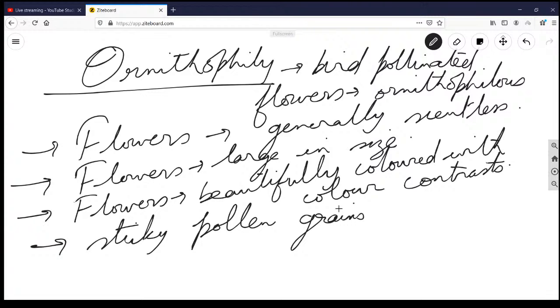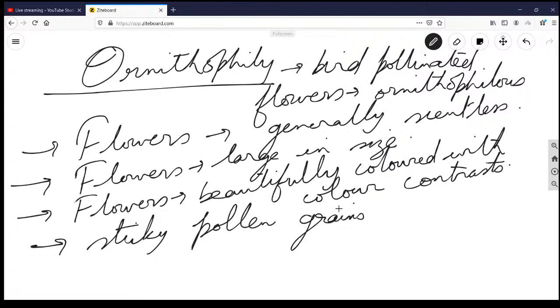If you talk about hummingbird only, a hummingbird can consume half its body weight of nectar in one single day only. Now vivid colors attract the birds from really long distances. It has been reported that 100 species of Australian plants are completely reliant on birds and are bird pollinated.